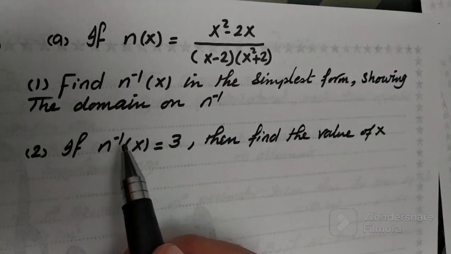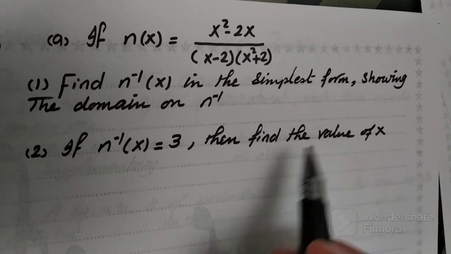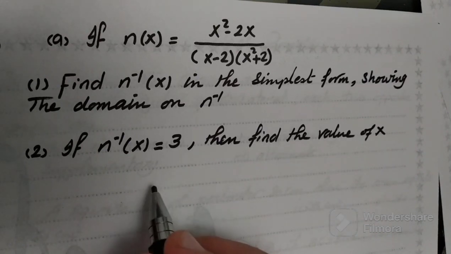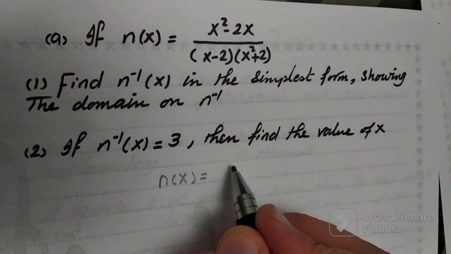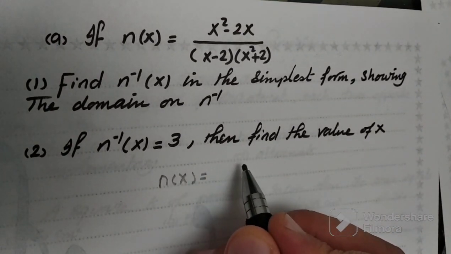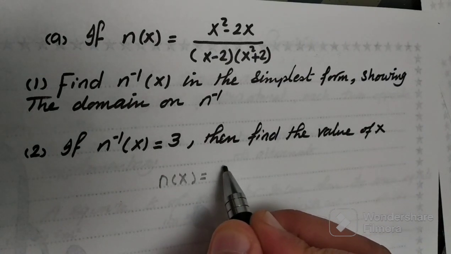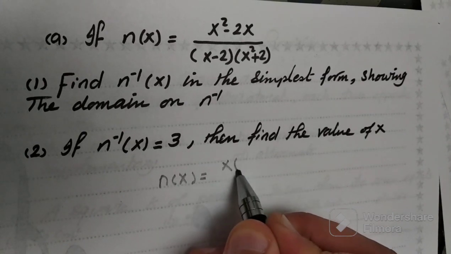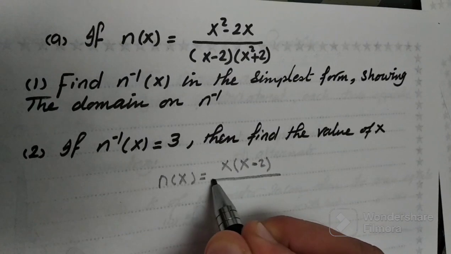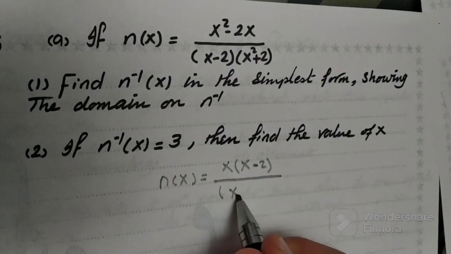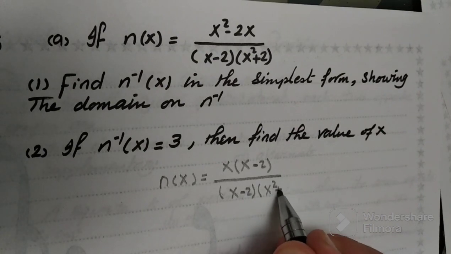If n power negative 1 of x equals 3, then find the value of x. n of x equals x squared minus 2x. Factorize by taking HCF. x multiply x minus 2 over x minus 2 multiply x power 2 plus 2.